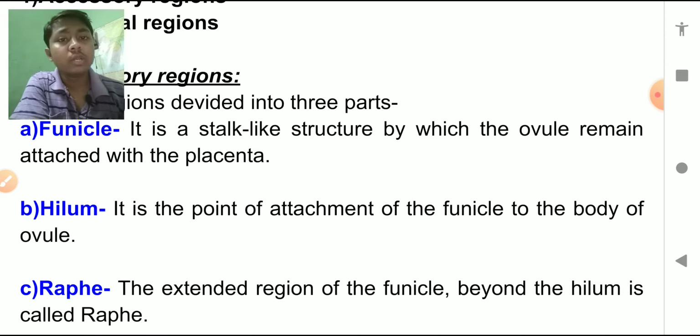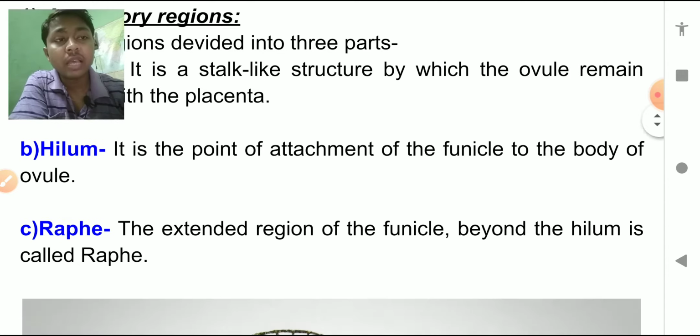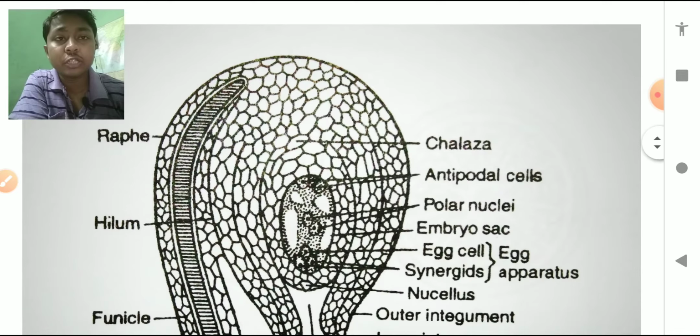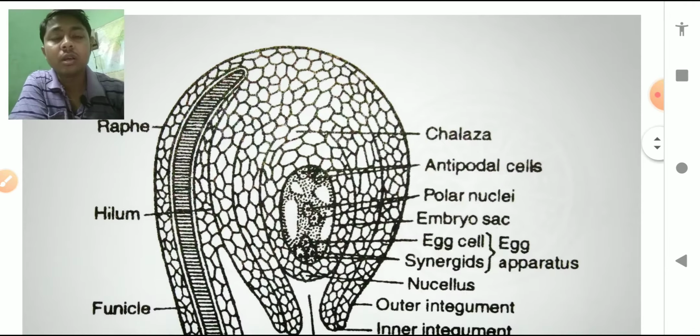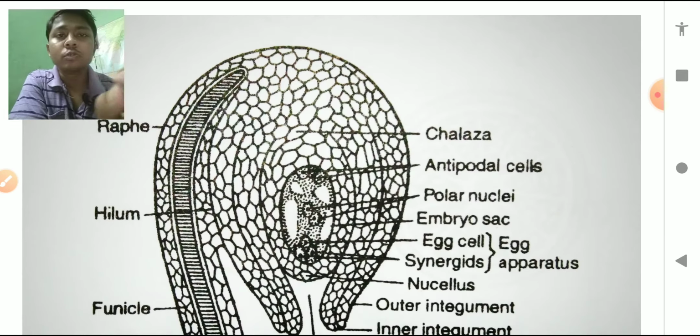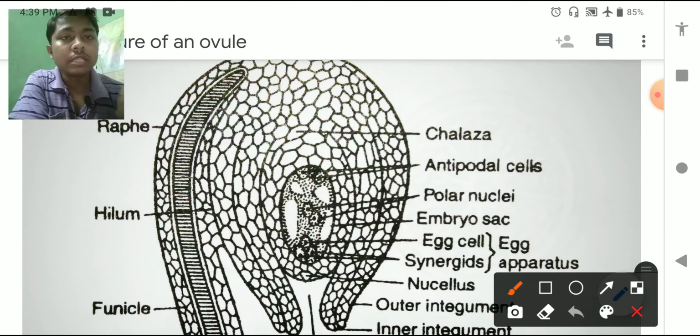And next we talk about the raphe. The raphe is basically the extended portion of the funicle. From this picture, you know that these three regions, raphe, hilum and funicle, are the accessory region of an ovule.